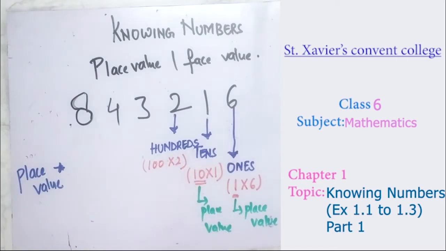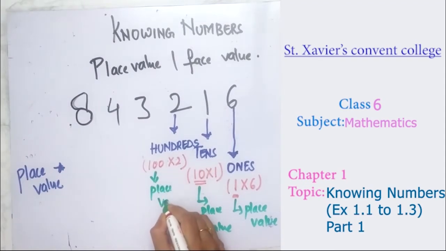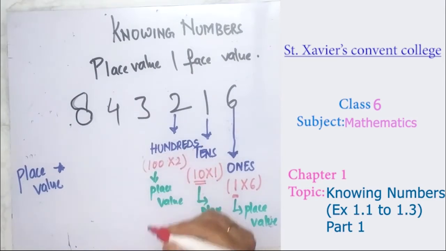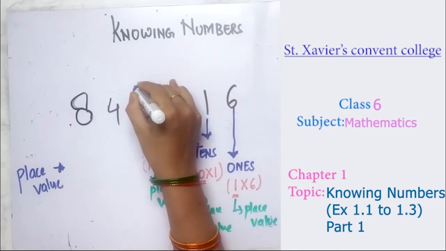And 100 is the place value over here. Now 3 stands for the thousands.